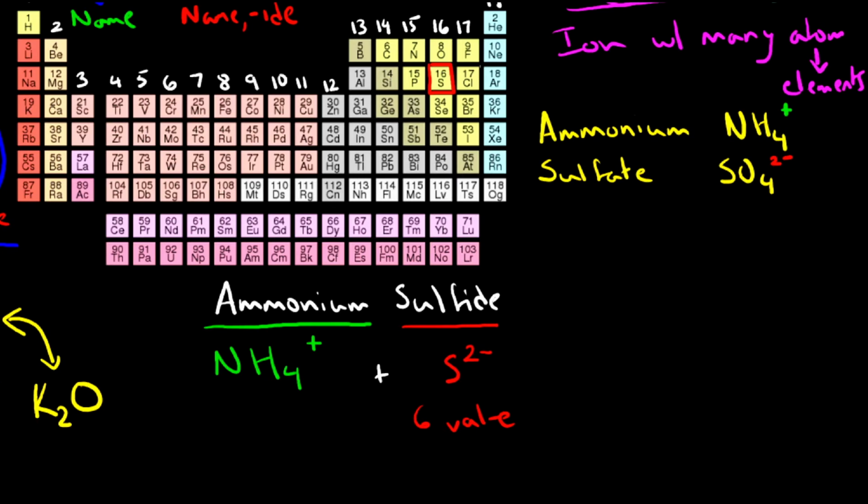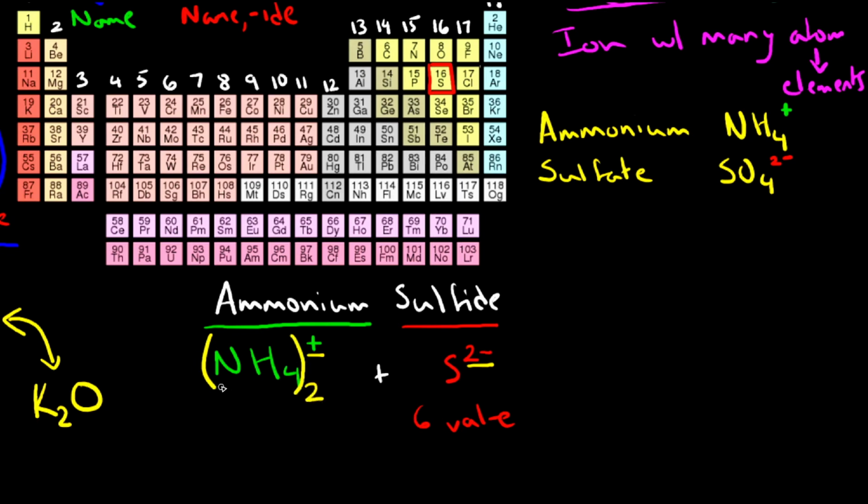Now, this isn't balanced, right? +1 and 2- do not cancel each other out. So what we need to do to balance it out is take 2 ammonium ions. But you can't just put a 2 at the end, because then this is confusing. NH42, no one really knows what that means. So what we do is we put a parenthesis around the ion, so (NH4), and then we put our 2 after that.